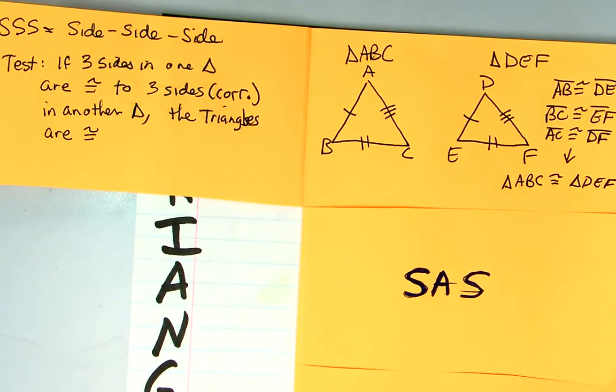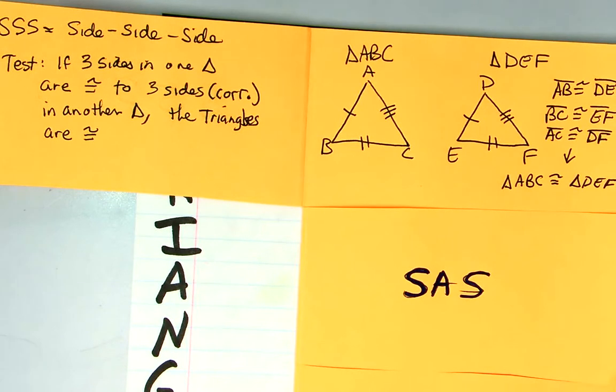And therefore, if all the corresponding angles are equal, all of them are going to be congruent. And we can say that the triangles are going to be congruent. So, does that make sense for side, side, side?